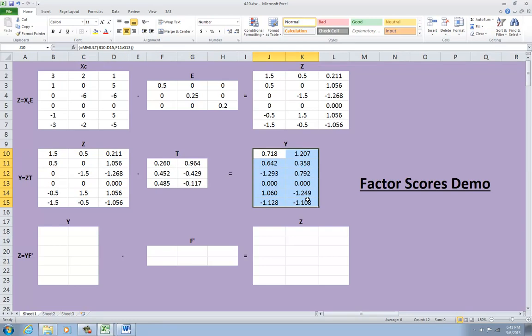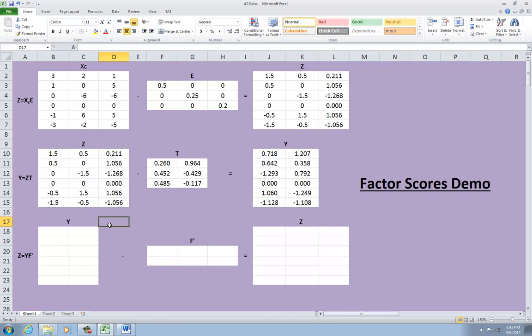The latent variable scores Y are also in z-score form, with means of 0 and standard deviation of 1. So if we go back to basic statistics, when we talked about z-scores, the mean is 0 and standard deviations are 1.